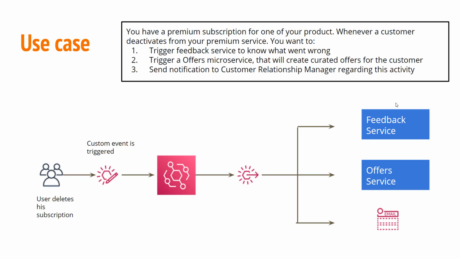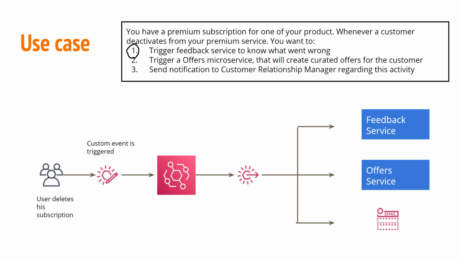Now let's look at the use cases for EventBridge. Let's say that you have one application and you have a premium subscription for one of your products. Whenever a customer deactivates from your premium service, you want to perform 3 steps. Okay, so this is a pure event driven architecture. The first step would be to trigger a feedback service to know what went wrong with the customer, so that the customer can provide feedback if something is wrong with the product.